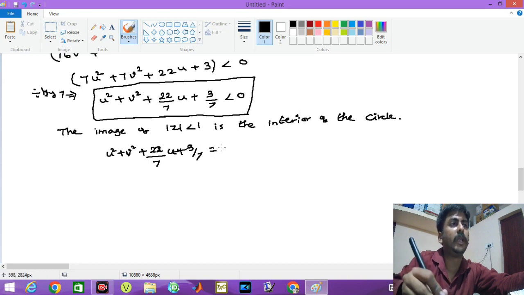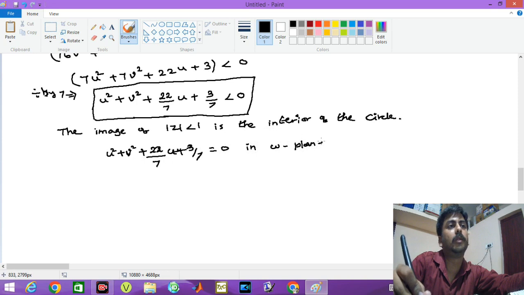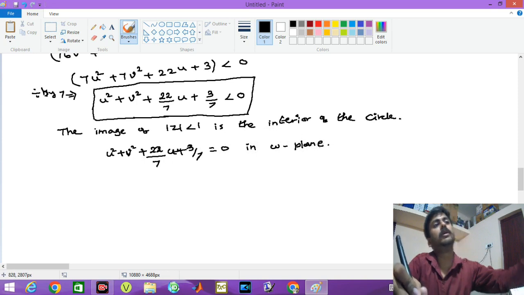Equals 0 is an equation, whereas less than is an inequality. So this less than is mentioned here as the interior of the circular equation. So the interior of the circle, in which plane? Since u and v are appearing here, in the w plane. Okay, so this is our conclusion.